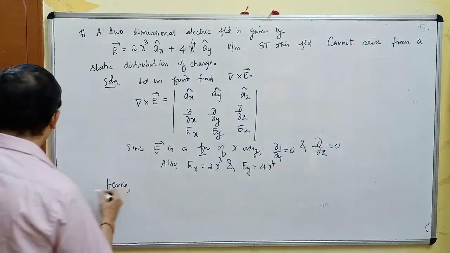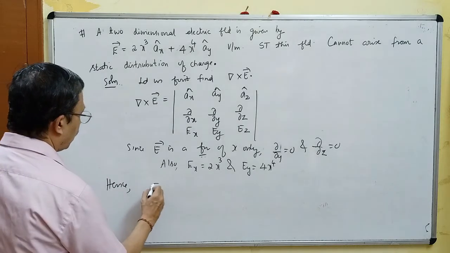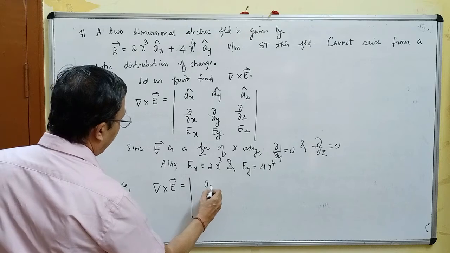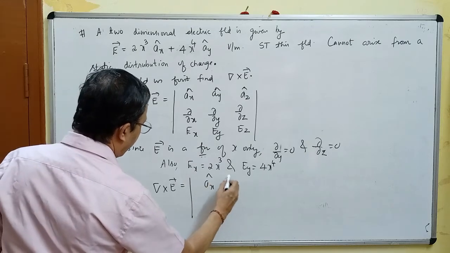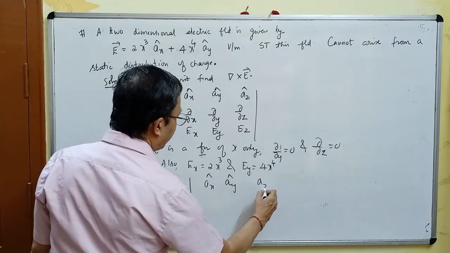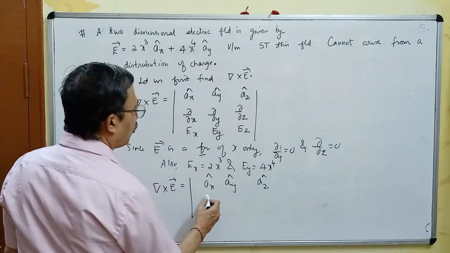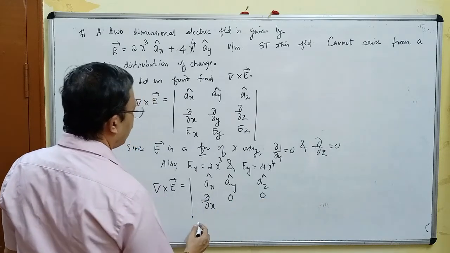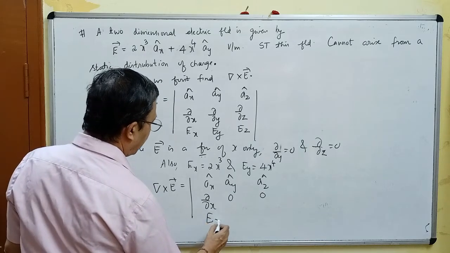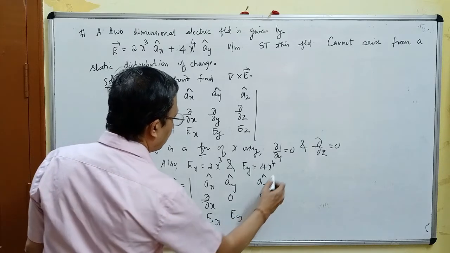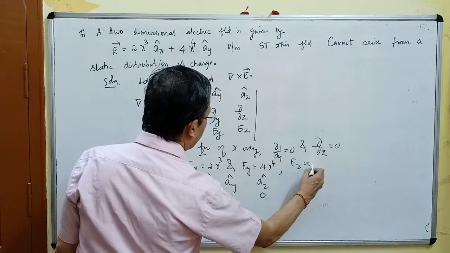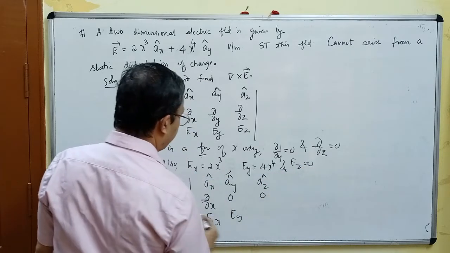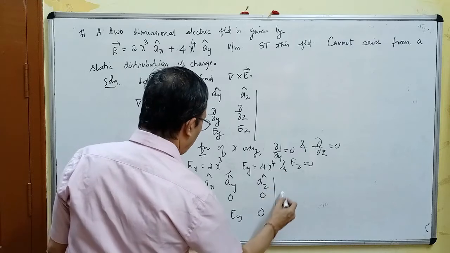Hence del cross E is equal to determinant a_x cap, a_y cap, a_z cap; dou by dou y is 0, dou by dou z is 0, Ex is non-zero, Ey is non-zero, Ez is 0. Expand this determinant.